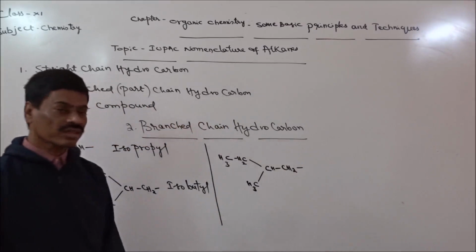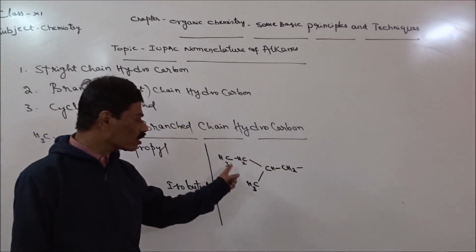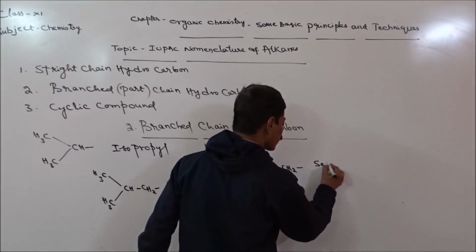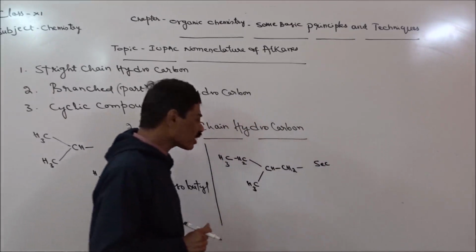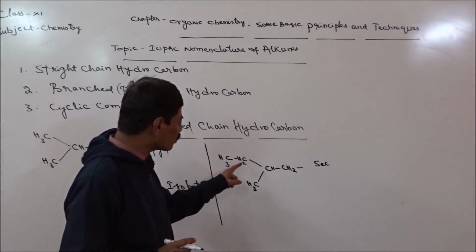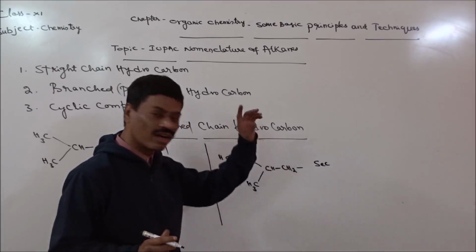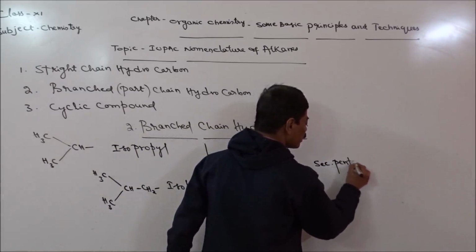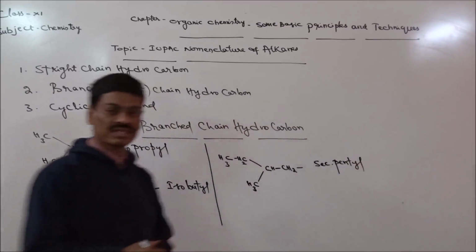Now, we have two different alkyl groups connected to one carbon atom, so its name should have the prefix secondary. Secondary can be abbreviated as sec. And altogether we have 2, 3, 4, 5 carbon atoms. So it is secondary pentyl. Right, children?